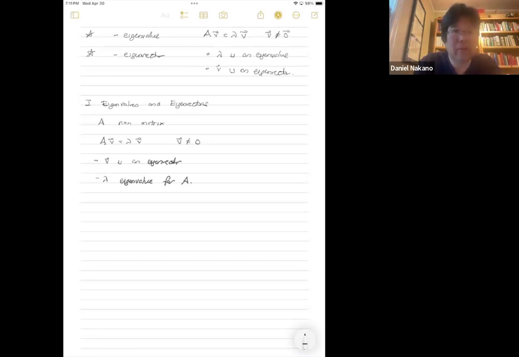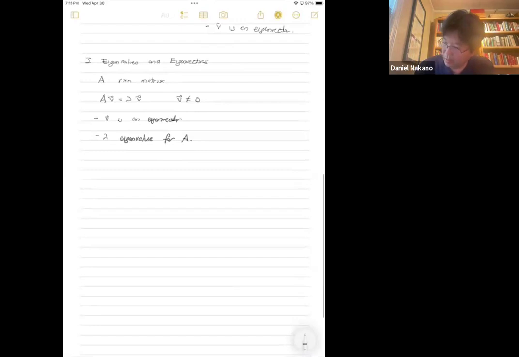Now, how do you actually compute eigenvalues and how do you compute eigenvectors? To compute an eigenvalue, recall you use the characteristic polynomial.